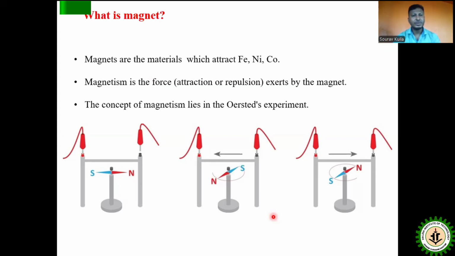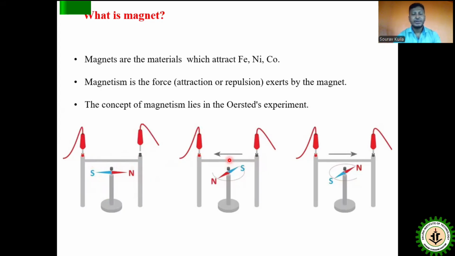The origin of magnetism lies in the Oersted experiment. The Oersted experiment is shown in this image. Here you can see in the first image that a magnetic needle is kept adjacent to a current carrying wire. In the first one, there is no current flowing through the wire, that's why there is no deflection in the magnetic needle.